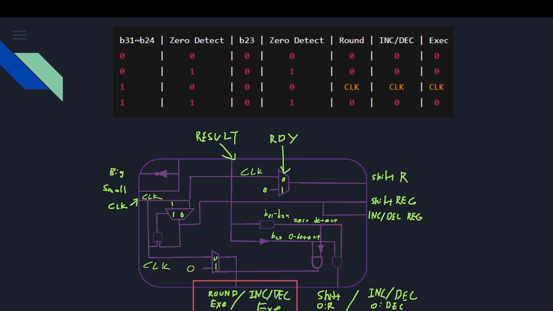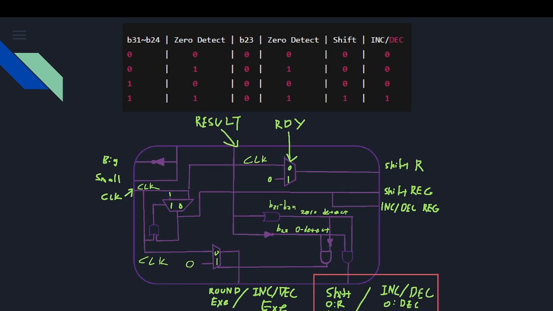And only one condition generates the clock pulses, when the upper block is non-zero and B23 is zero. So in that case, the round signal and the inc signal and the execution signal all pulse at the same time. So basically it means they share one clock pulse, right? And this clock pulse triggers rounding or normalization when the mantissa is in a state that needs adjustments.